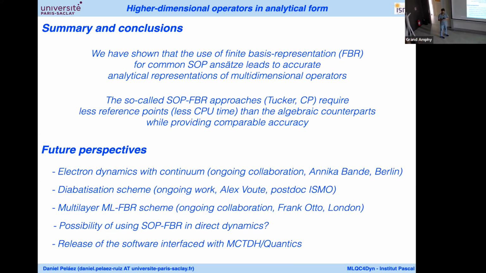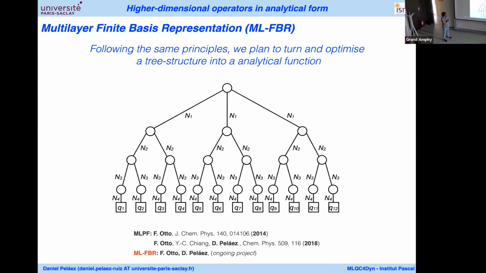It could be used to propagate Gaussian wave packets, or in any direct dynamics where, instead of a trust radius region, you end up having this type of expression. And this hopefully will soon be interfaced with MCTDH and Quantics. This is just the form in which we would like to get the potential. It will be exactly this, called multi-layer form, with Frank Otto.